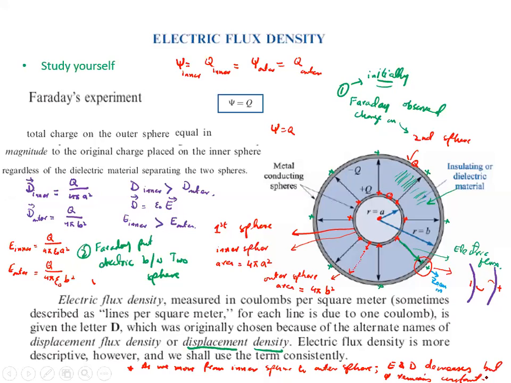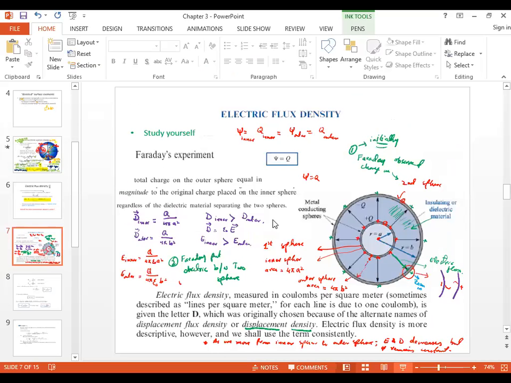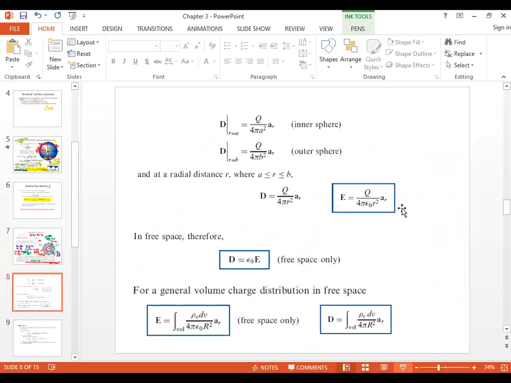Okay, psi remains constant. So that's the whole idea. That's the whole concept here. As you move from the inner sphere to outer sphere, psi is not going to change. And it's shown here. Everything is shown here on this slide.